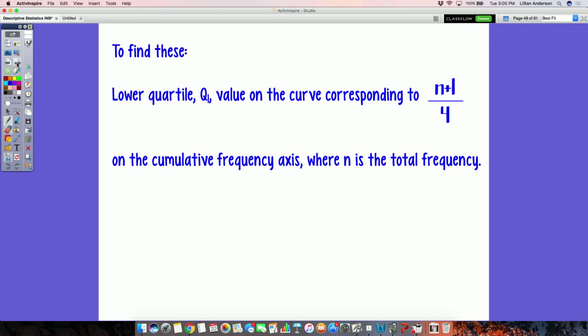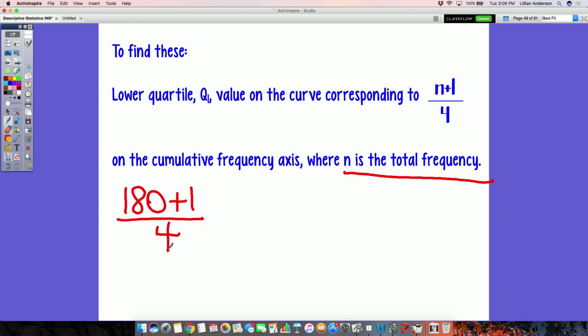So, if n represents your total frequency, take that last example that we just did, the one about the parked cars. What was our total frequency in that problem? 180. So if I asked you to find the Q1, aka the lower quartile, you will plug 180 into that formula. So it'll be 180 plus 1 divided by 4. What is that?